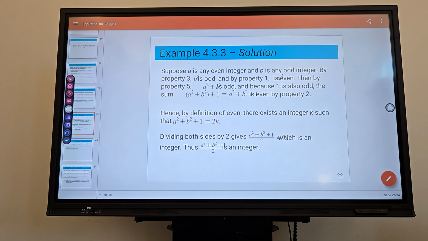Hence, by definition of even, there exists an integer k such that a squared plus b squared plus 1 equals 2k. Dividing both sides by 2 gives a squared plus b squared plus 1 over 2 equals k, which is an integer. Thus, the expression is an integer.